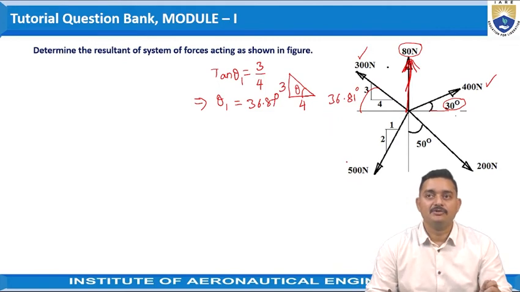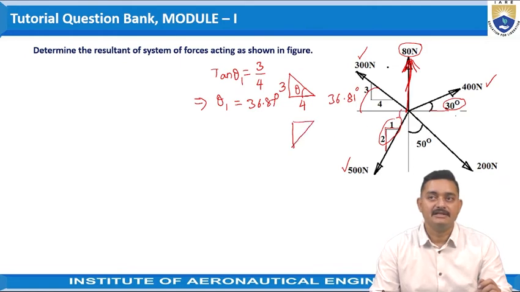Okay. Now coming to this 500 Newton force, again this inclination is given in the form of a right angle triangle. For this right angle triangle, for obtaining this inclination, let us take it as theta 2. The sides given are 1 and 2.